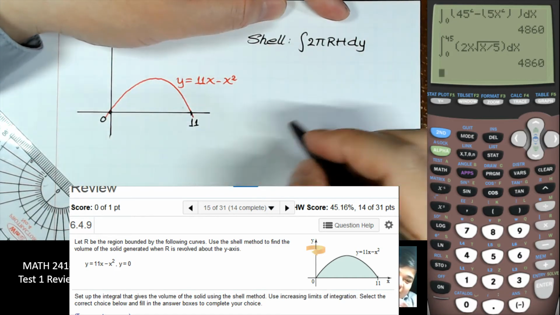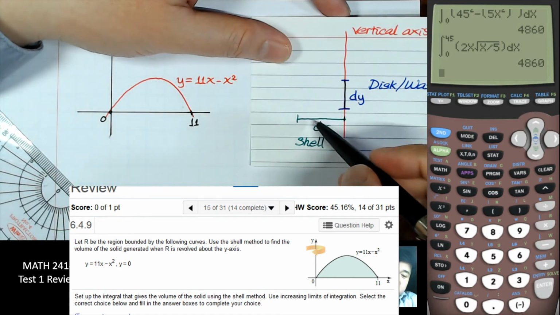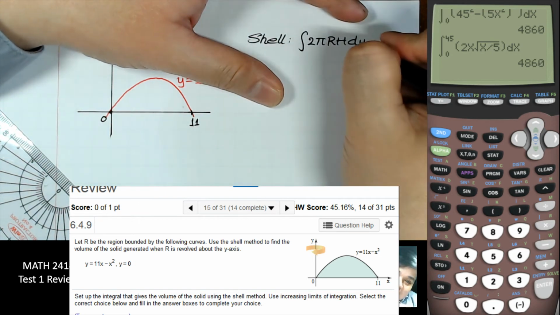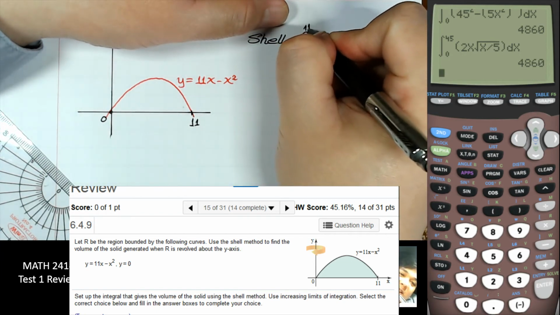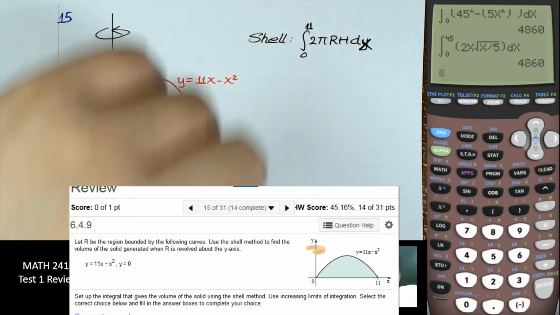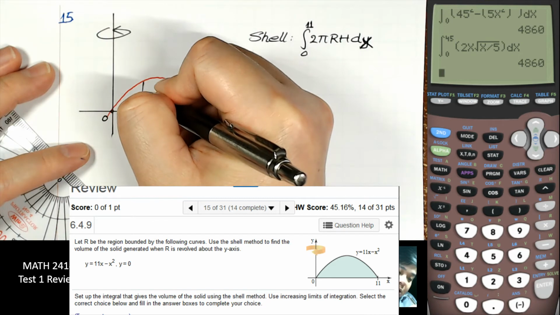Sorry, use dx. X goes from 0 to 11. Right, determine the r and h. So what we do, kind of like what we did earlier. We draw a height.